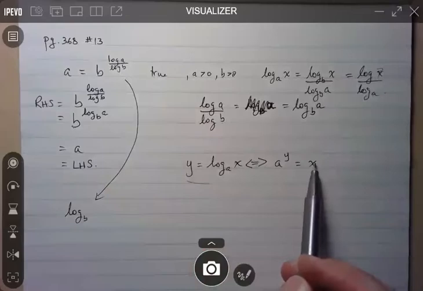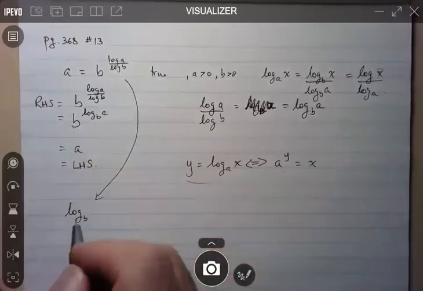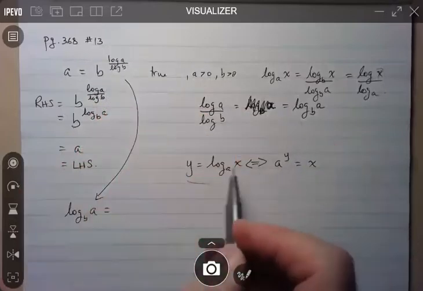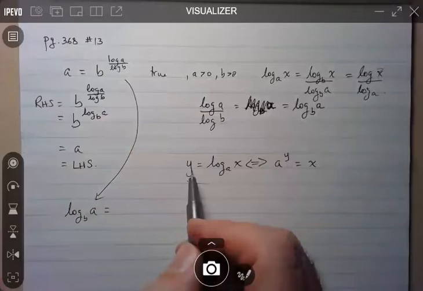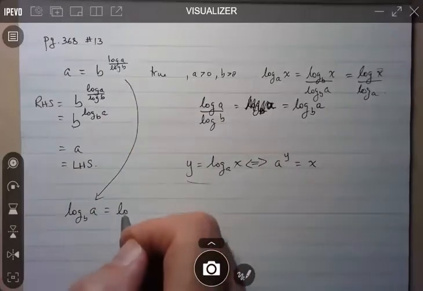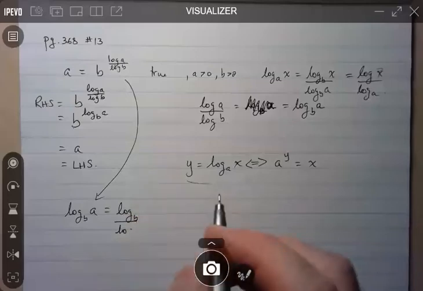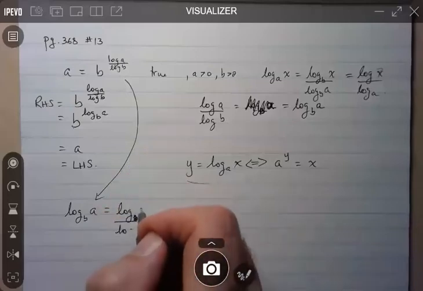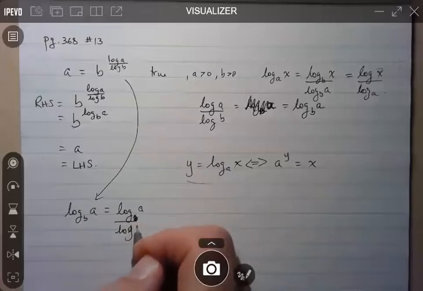So the result here is the thing inside the logarithm. And the exponent here is what the logarithm is equal to. So log base b of a is equal to log of a over log of b.